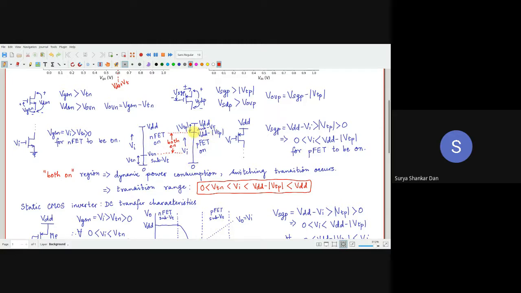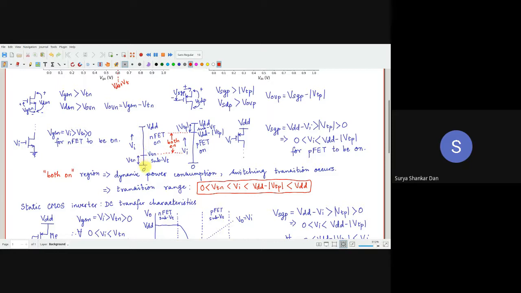The moment VI increases beyond VDD minus VTP, your PFET will be in the subthreshold. Okay, so VDD minus VTP to VDD is the subthreshold region for the PFET. So subthreshold leakages will happen over there. In case of NFET, 0 to VTN will be the subthreshold leakage region.